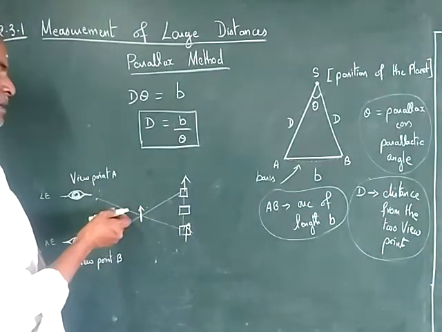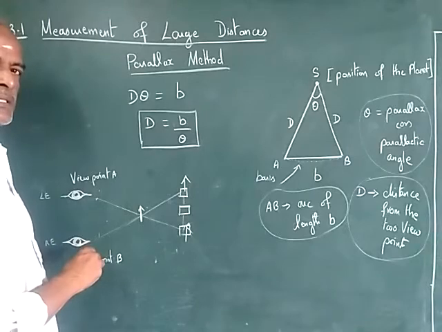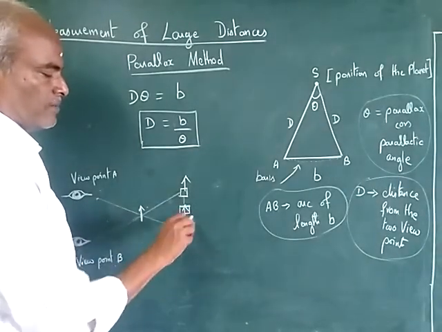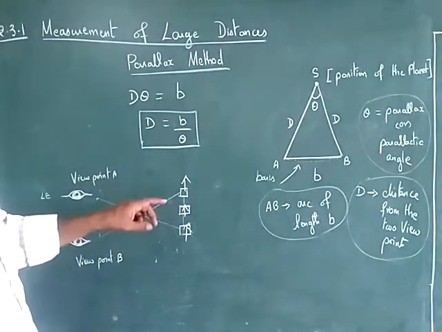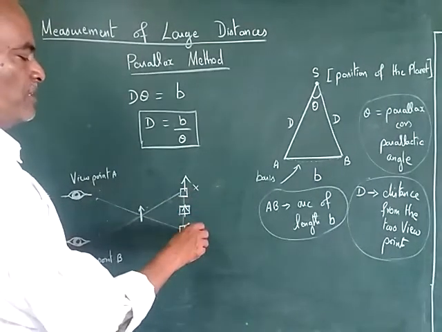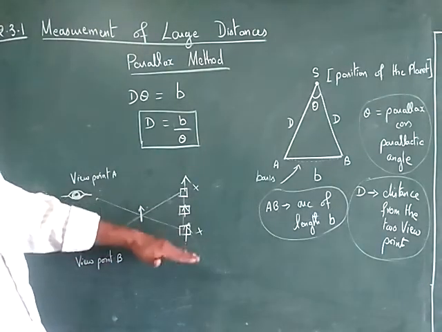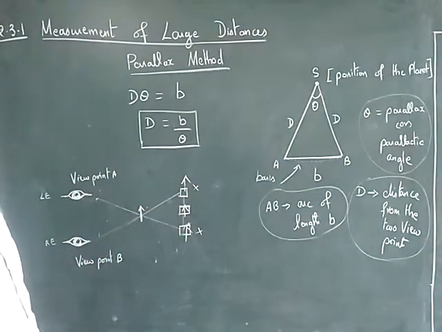But actually with both eyes, if you view the object, it will be here. So the distance between these two points is the shift from the original point. That is called parallax.